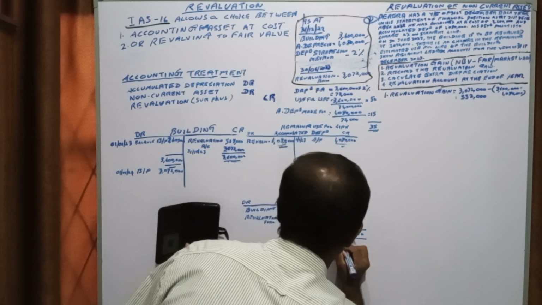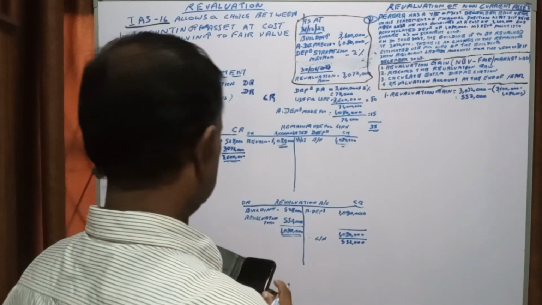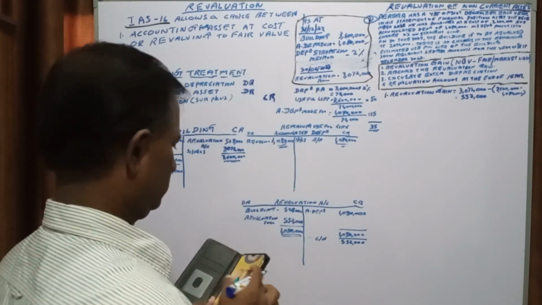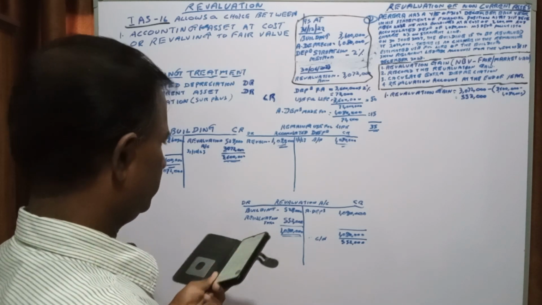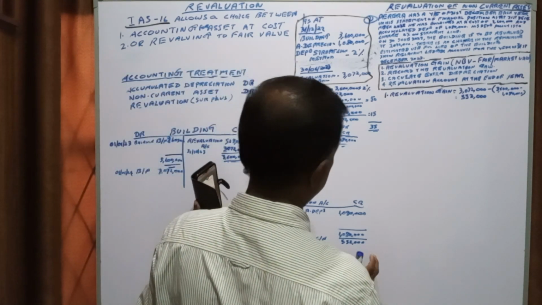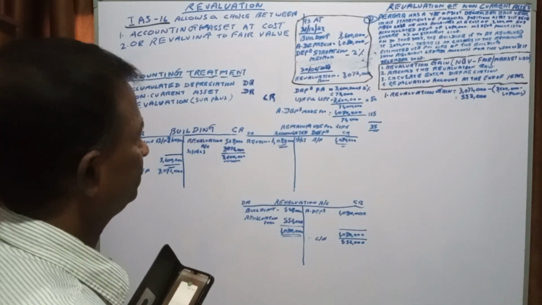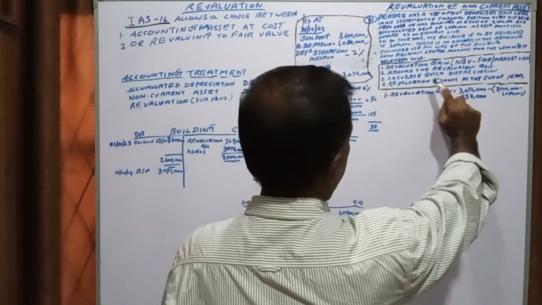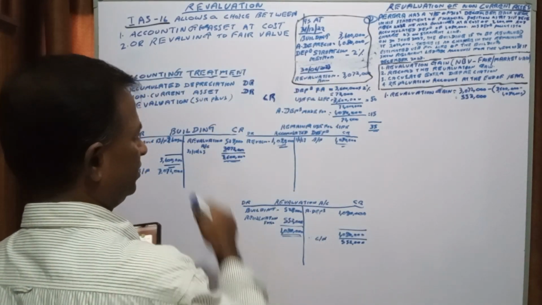The balance is 552,000. This is a revaluation reserve. It will be shown under equity because it is a credit balance. It is a gain. Okay. So we have completed recording the revaluation gain.